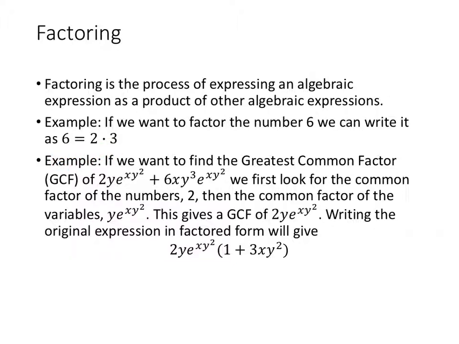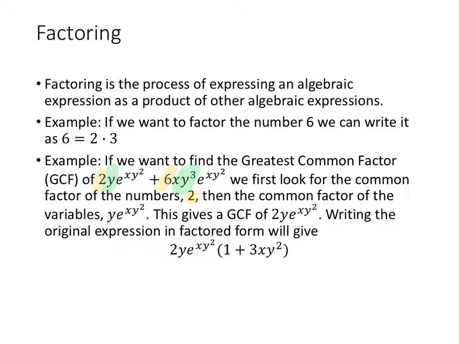So, if we want to find the greatest common factor of this really wicked exponential, it's an exponential expression, we look for the common factors of the number parts. 2 and 6 have a 2 in common. I'm looking at the variable parts. This variable part is y.